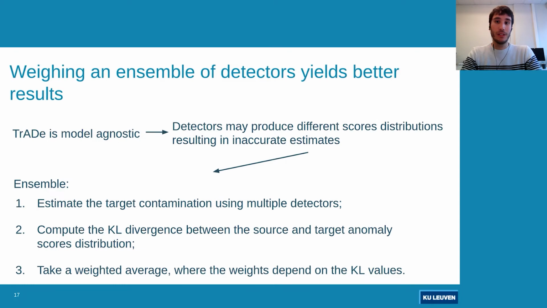First, given an anomaly detector, we estimate the target contamination factor using the previous 4-step approach. Second, we compute the KL divergence between the score distributions of the 2 domains. And finally, we take a weighted average of the target estimates where the weight depends on the KL value. In this way, we aim to make the target estimate smoother and less detector dependent.